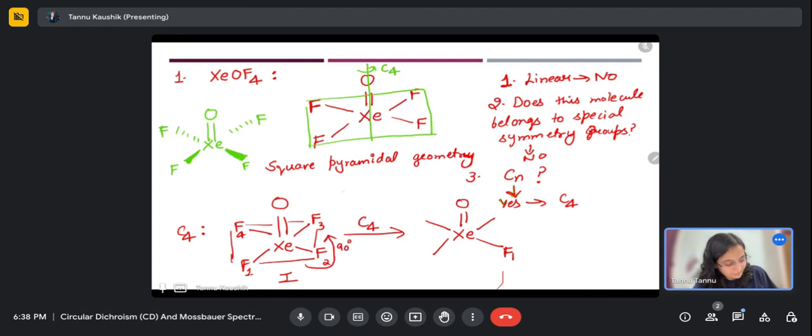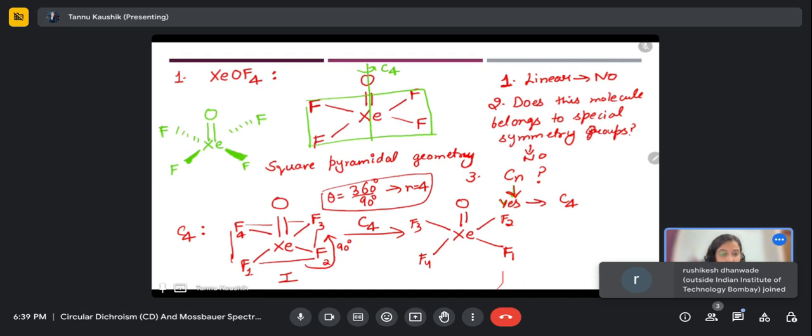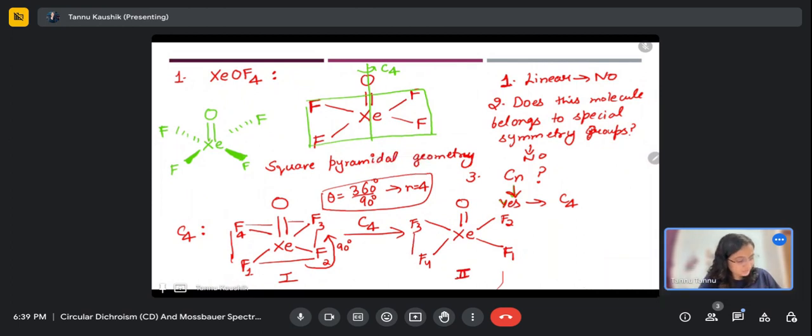C4 is nothing but 360 degrees divided by 90 degrees, so here n is 4. So this is an equivalent configuration we will get after this 90-degree rotation.